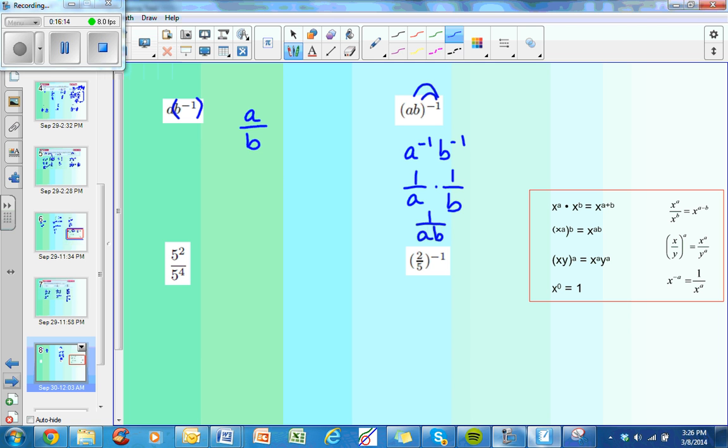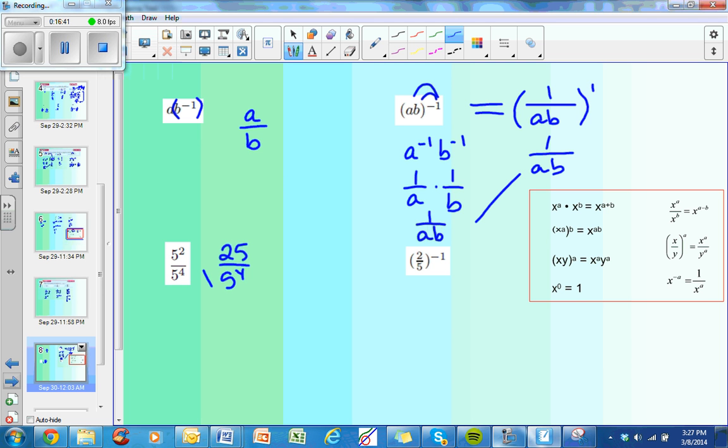Another way to do this problem would be, like I said before, deal with that negative first. So you have 1 over ab, all to the power of 1, and any number to the power of 1 is itself. We have the same answer. 5 squared over 5 to the 4th, we actually did on the previous page as the 25 over 5 to the 4th, so we don't need to do that one again.